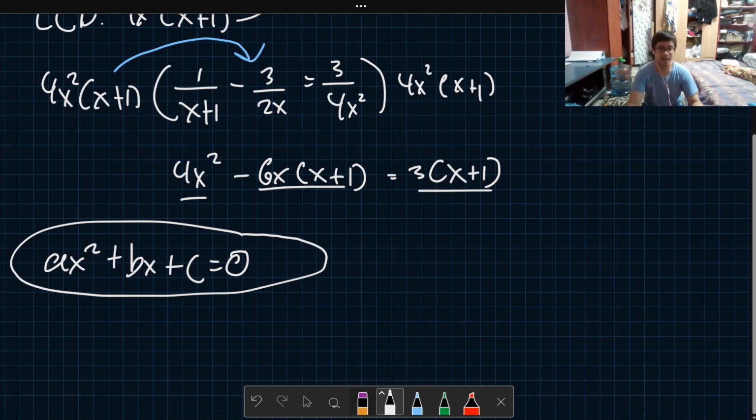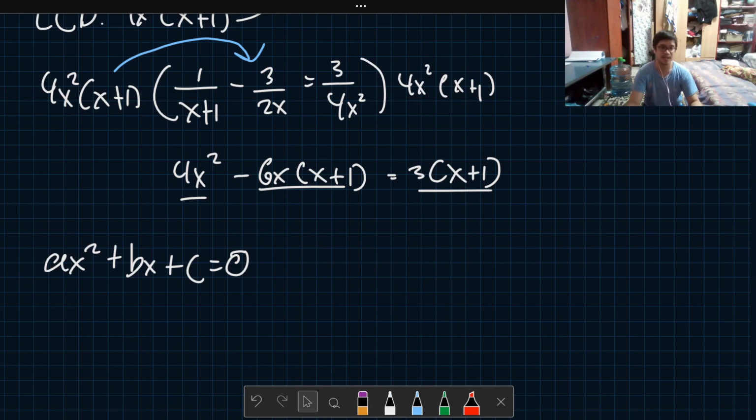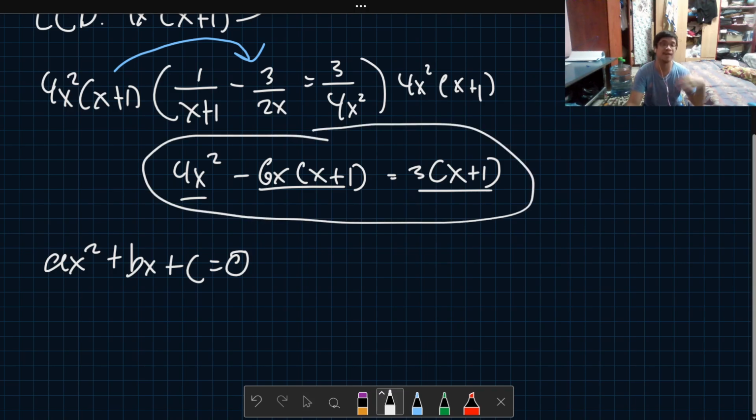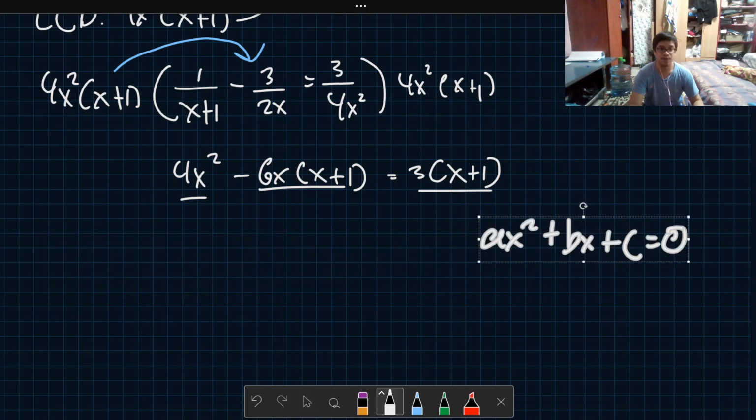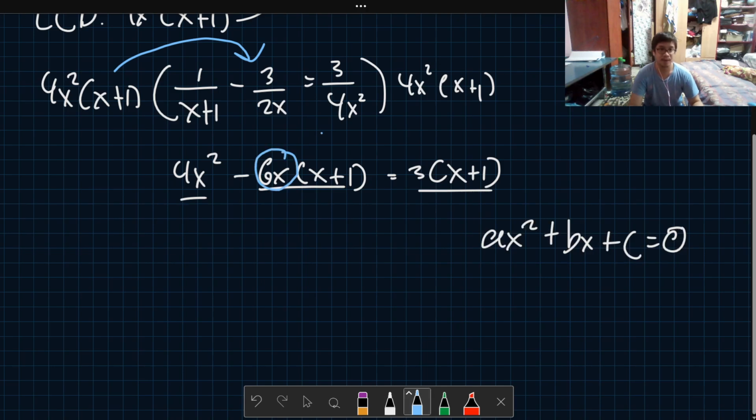But before that, let's expand this. If we expand this equation and combine all similar terms, it would be the same as the form like this. So first and foremost, since we're going to expand, meaning we're going to remove the parentheses, what we have beside the parentheses, you're going to multiply on there.